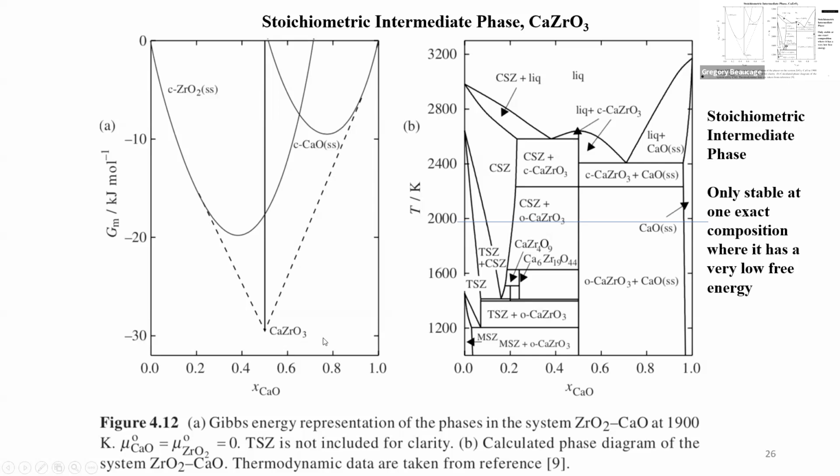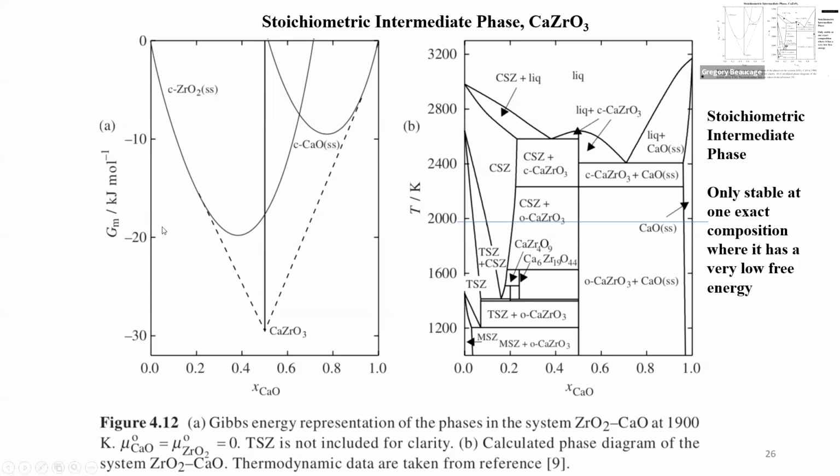Because that's so perfect, it has a really low free energy. So when you get to that composition, you just make that one thing. It's almost like you split the phase diagram into two parts around that. So this becomes like a pure phase, more or less, but it only exists at that one composition.